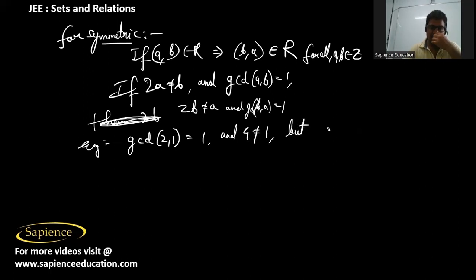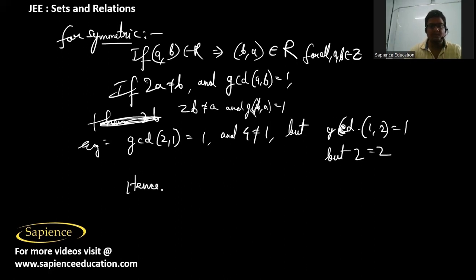But the greatest common divisor of 1 and 2 is equal to 1, and 2a, that is 2 into 1, is equal to 2. So here 2a is equal to b. So hence R is not symmetric. R is not a symmetric relation.